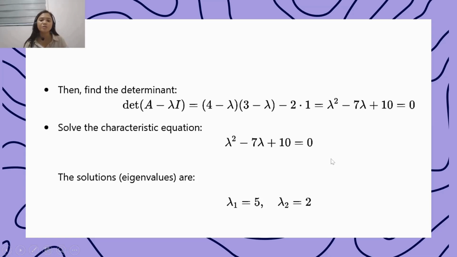Then we will use the zero product property of equations. So we will transpose, so lambda sub 1 equals 5 and lambda sub 2 equals 2. So these two are our eigenvalues. So our eigenvalues are 5 and 2.